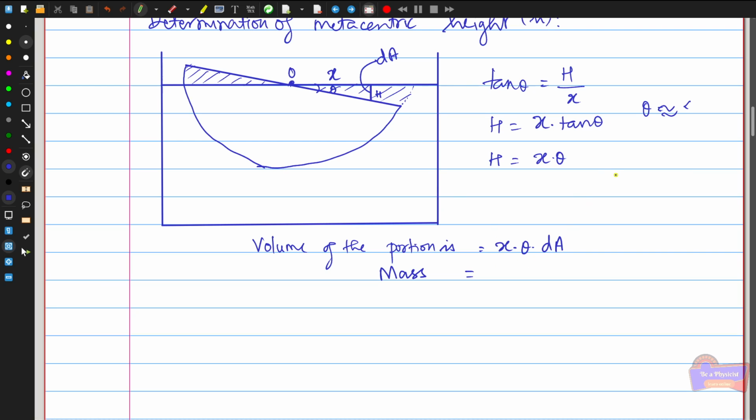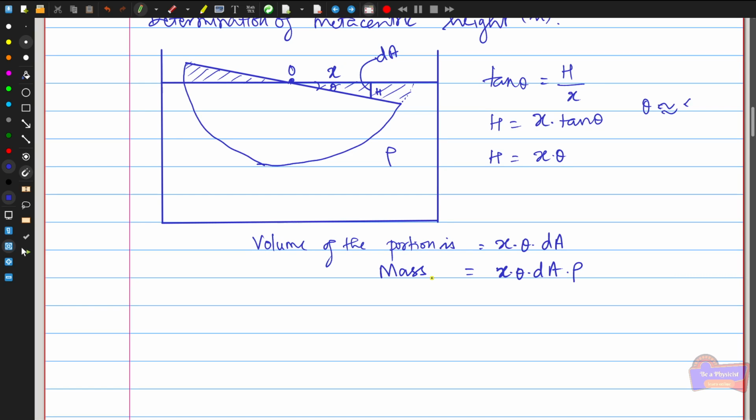Taking rho as the density of the water, the mass of the water displaced by this small wedge shaped portion is x times theta times dA multiplied by rho.